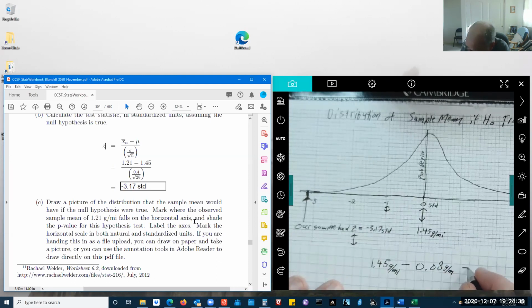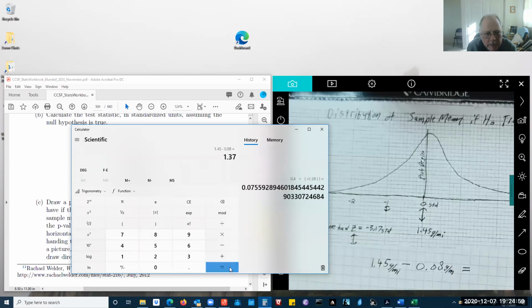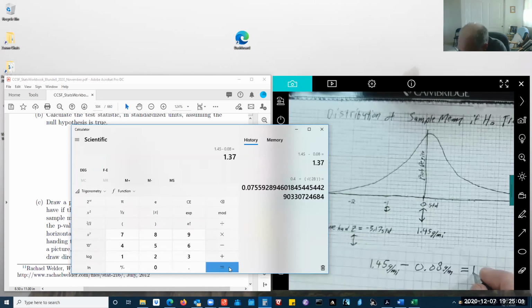So that's 1.38, let's see, 1.45 minus 0.08 equals 1.37 grams per mile.